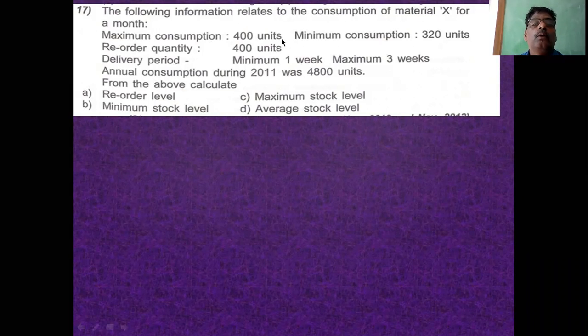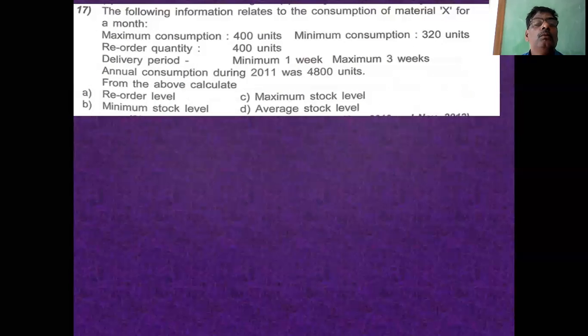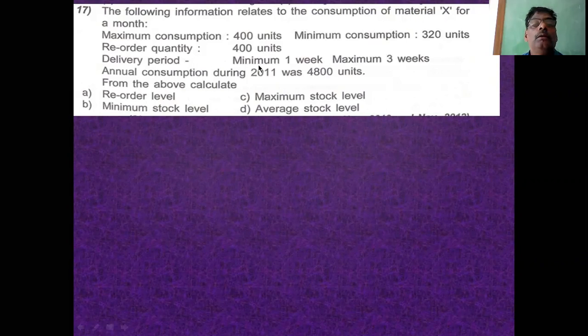Maximum consumption 400 units, minimum consumption 320 units. Then reorder quantity is 400, meaning one time ordering quantity is 400. Delivery period, 1 minimum.